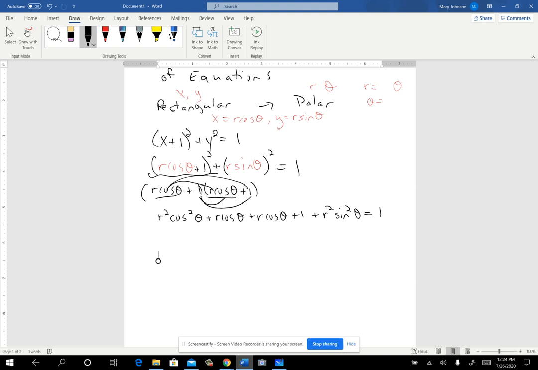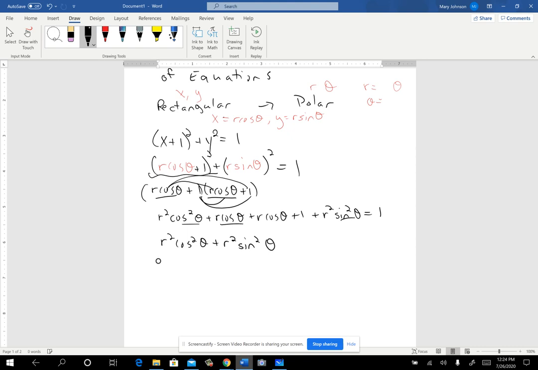All right, then I'm looking at this and just trying to neaten it up, see if I can get it to look a little more concise. One thing I notice is that this r squared cosine squared theta is pretty similar to the r squared sine squared theta. I'm going to write them next to one another. See, cosine squared theta plus sine squared theta would equal 1, so if I could get that in there, I know I could replace it with a 1.